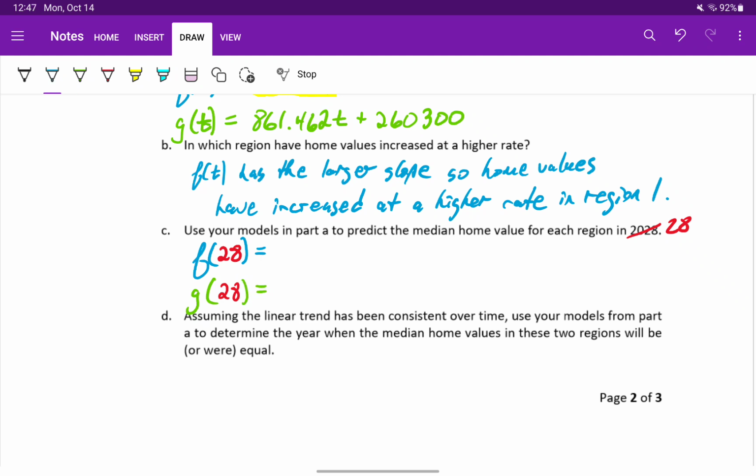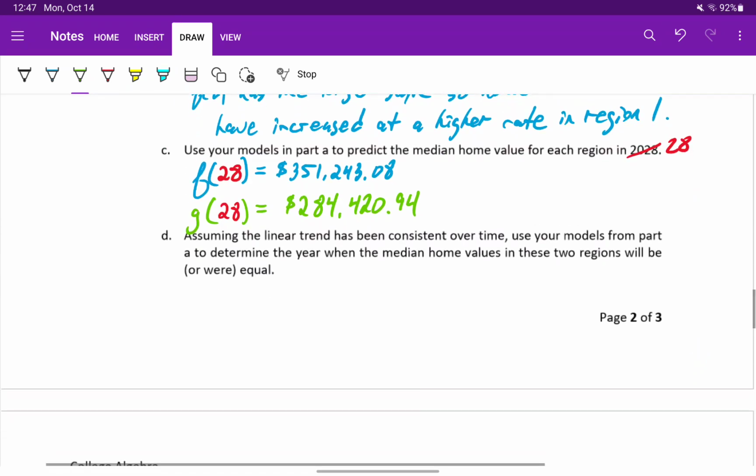We could then plug those models into Wolfram Alpha, substituting in 28 for our value t, and we would get for f of 28, $351,243.08, and for g of 28, we would get $284,420.94 as that median home value.